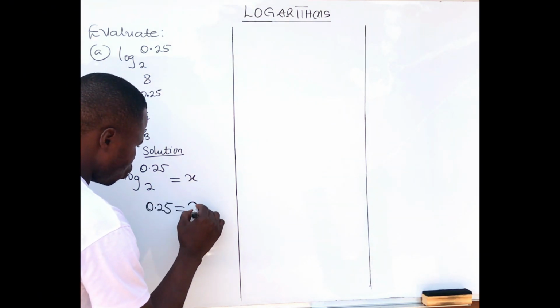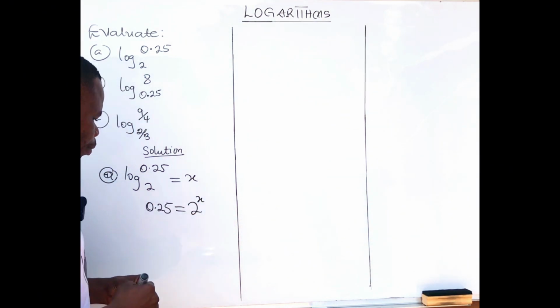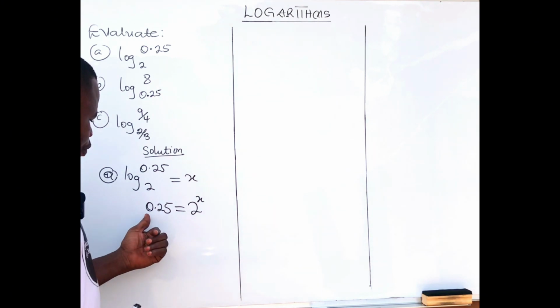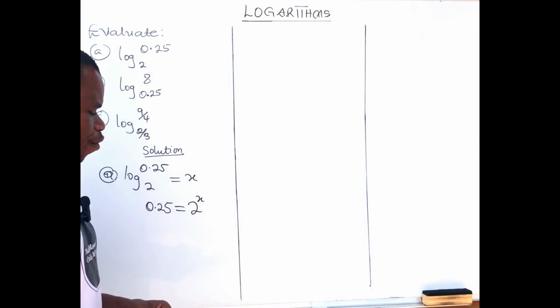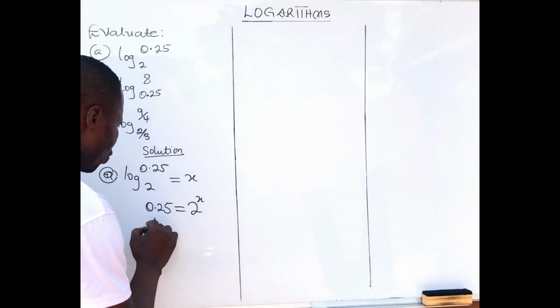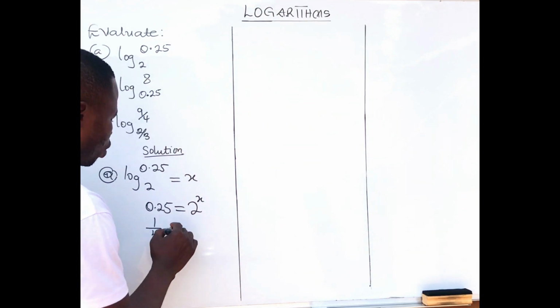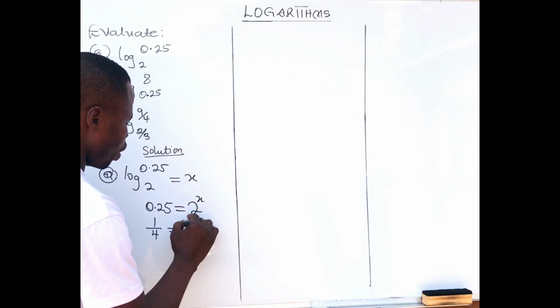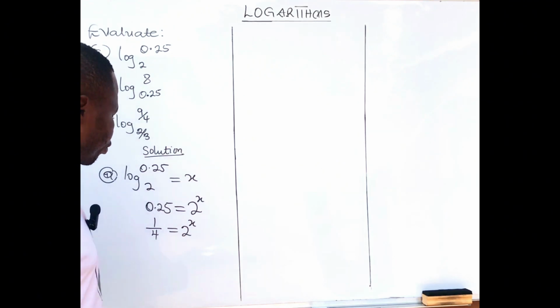That is 2 exponent x. From here, 0.25 is the same thing as 1 over 4, which is equal to 2 exponent x.